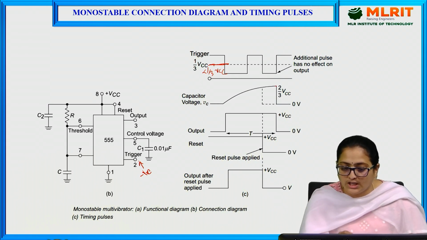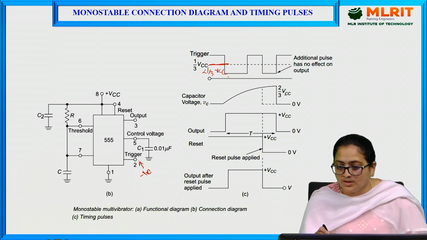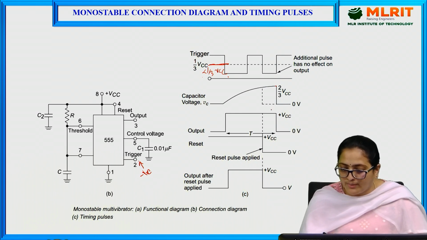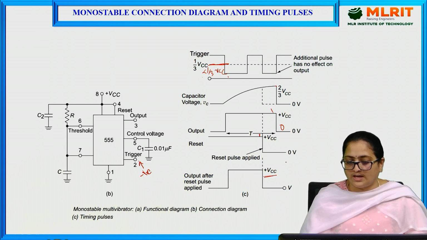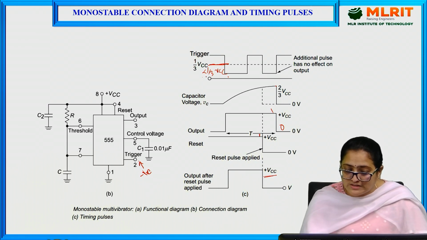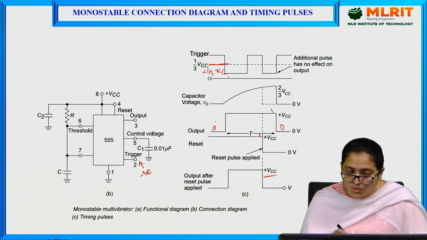When the triggering input voltage is 1/3 VCC, the voltage across the capacitor keeps charging till 2/3 VCC, and when it goes just above 2/3 VCC, the output falls from 1 to 0. If you have a reset pin here, the output will be triggered to plus VSAT. And when the input at the triggering point is just less than 1/3 VCC, your output will move from 0 to 1.